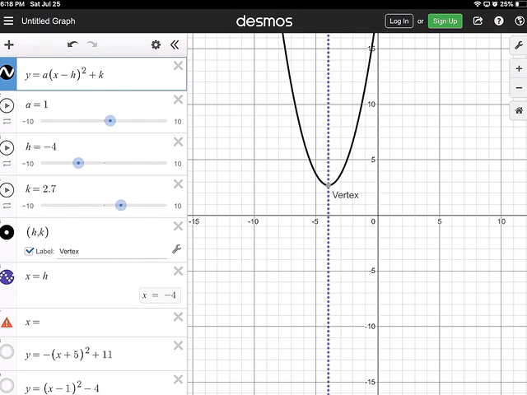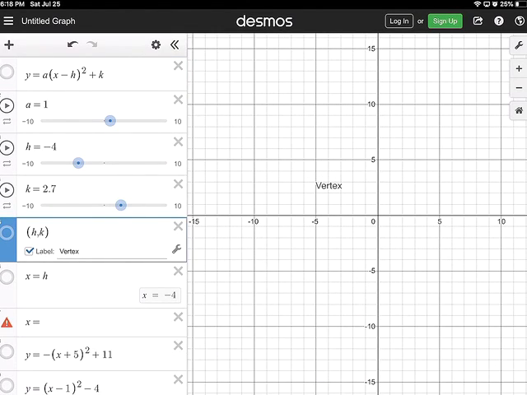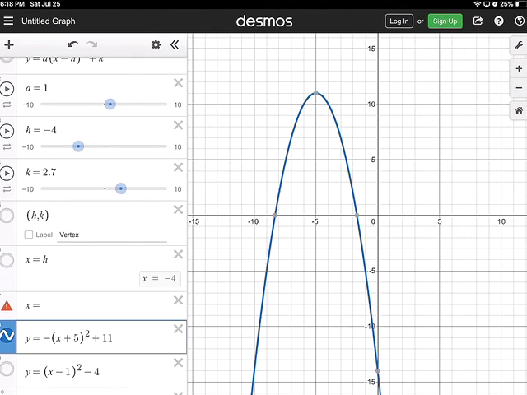Okay. So if I get rid of all of this and we look at here, okay, right now my a value is a negative, so I'm going to have a maximum value. It says x plus 5, so we can see that our vertex is going to be at negative 5, 11.